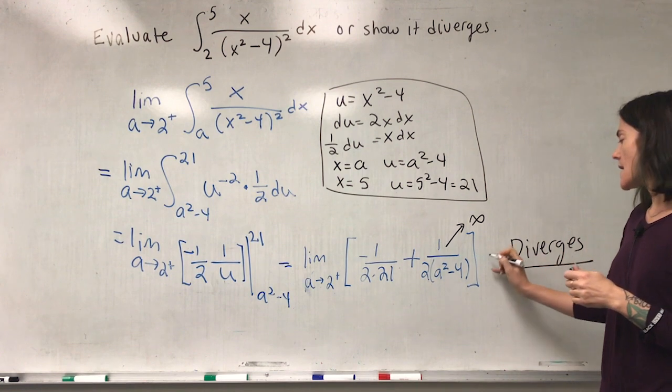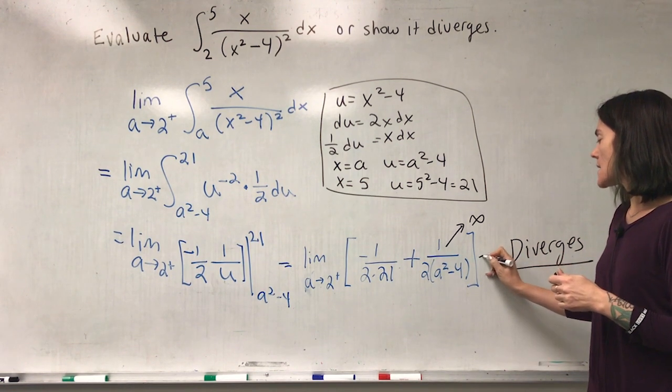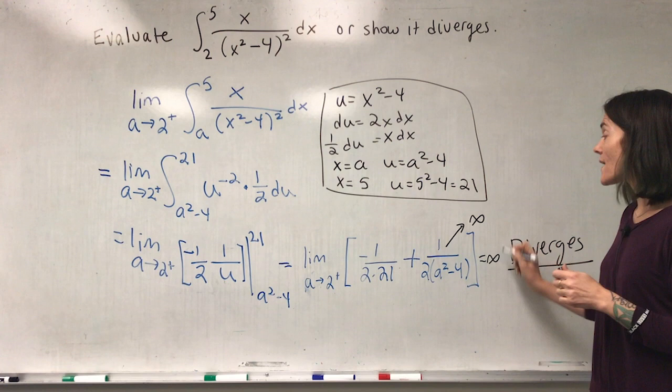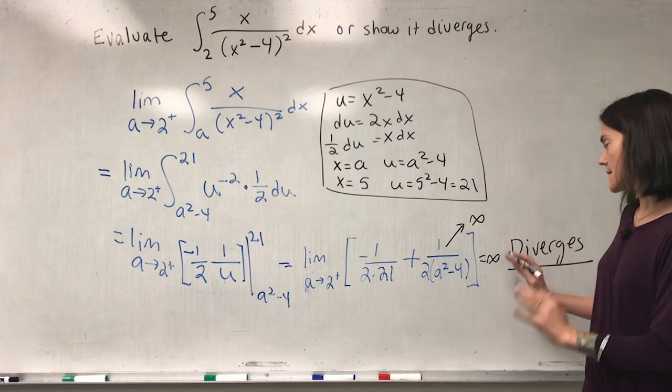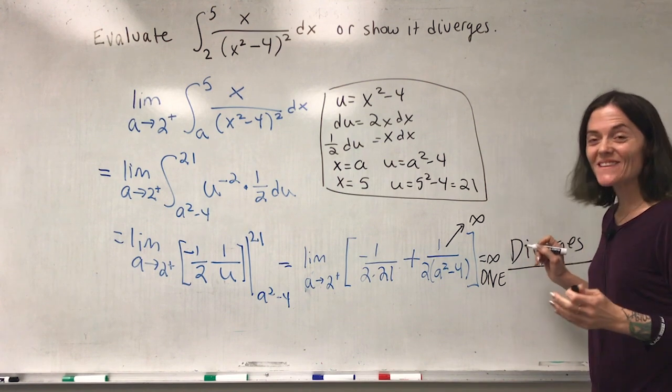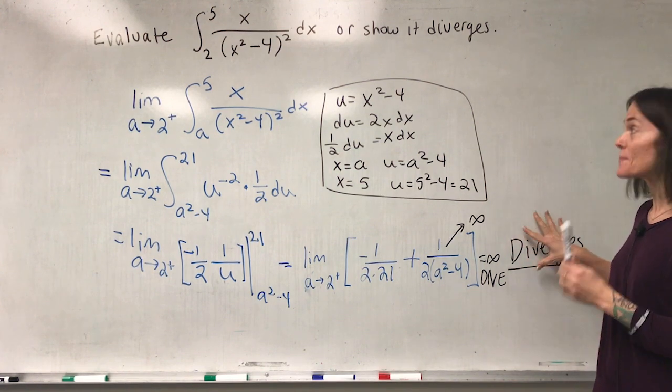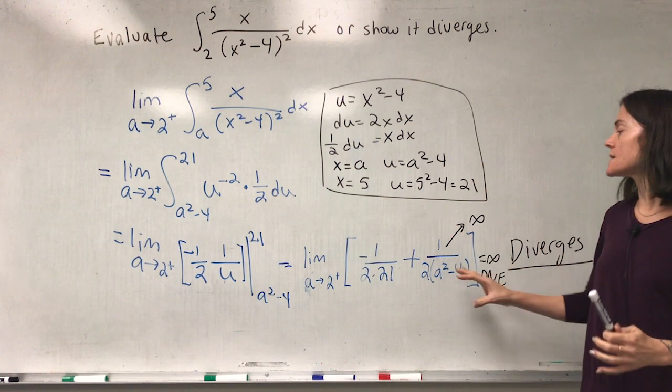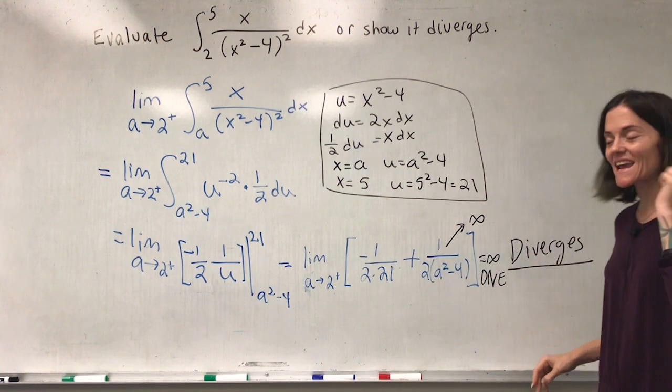You could say that this limit equals infinity if you wanted to, or you could write DNE. Either way you think about it, the improper integral diverges because this limit does not exist as a finite number.